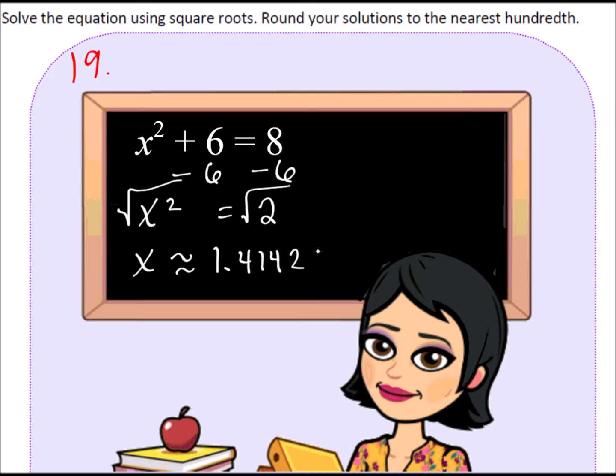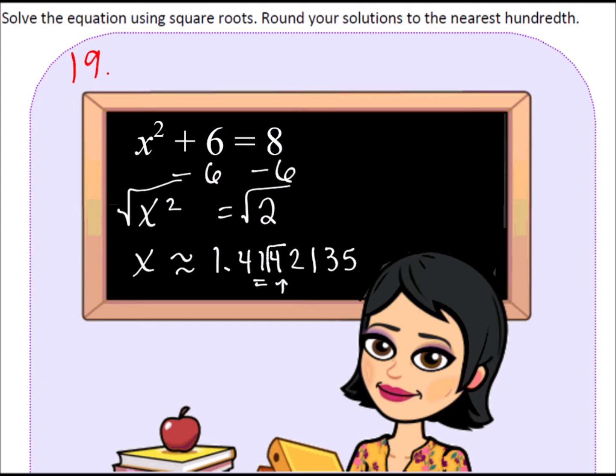1.41421. This doesn't mean the number is bigger, it's just an irrational number, and that means it has no pattern. This number goes on forever, it doesn't repeat, it's an irrational number. So we are going to round to the nearest hundredth. So here is this one right here, that's the hundredths place. We look at the 4.